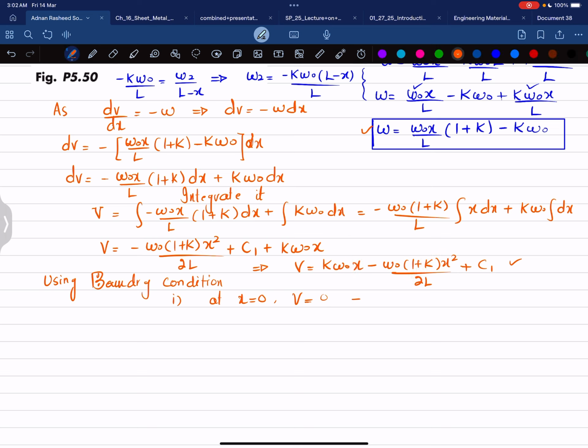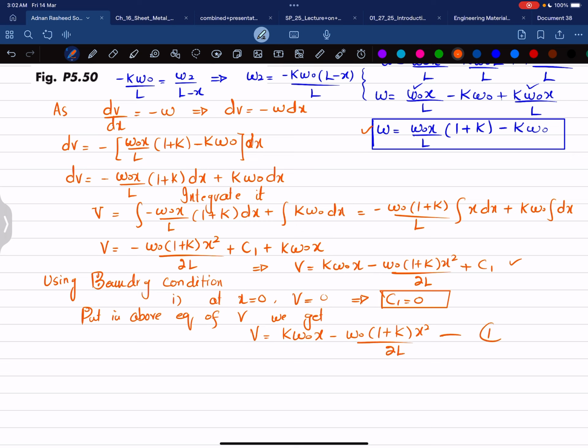Now putting this in the above equation of V, we get the shear force equation equal to K into W naught x minus W naught into 1 plus K into x square over 2L. Let this be equation number 1, which is the required equation of shear force for the shear force curve.